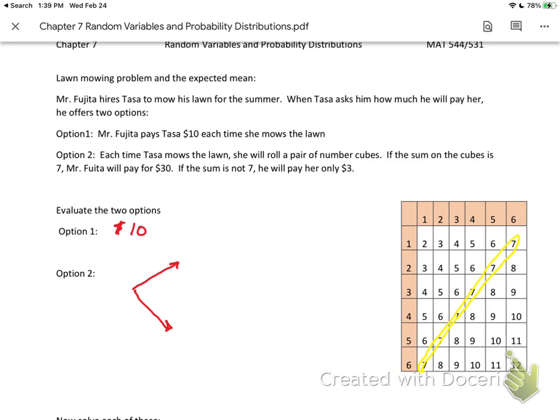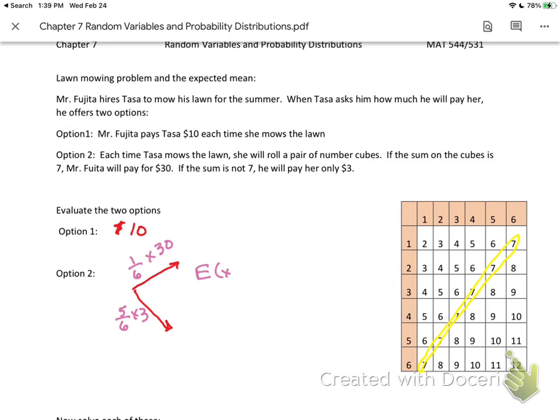Therefore, 6 out of 36 times, she'll earn $30. Let's reduce that 6 over 36 to 1 over 6. 1 over 6 of the time, she's going to get $30. So what's the other probability? 5 out of 6 times, she's going to get $3. So what is her expected earnings? We're going to call this EX.